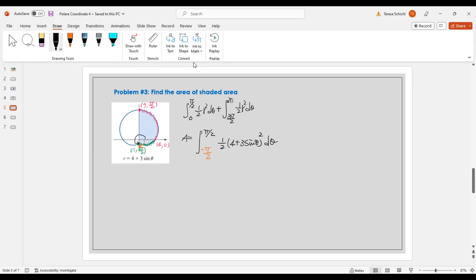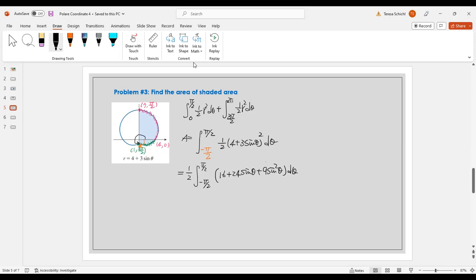Okay, so now you can just do a lot of algebra. You can take the 1/2 out, and this is negative pi over 2 to pi over 2. Then you can do some algebra, so this will be 16 plus 24 sine theta plus 9 sine squared theta d theta.